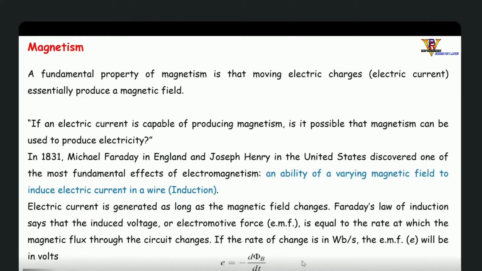The varying magnetic field may generate electric current, but if there is no variation, then the differentiation of this magnetic field is zero. So the EMF produced, E, will be zero, and there will not be any current, because current is the movement of charges per unit time. So that we have seen yesterday.